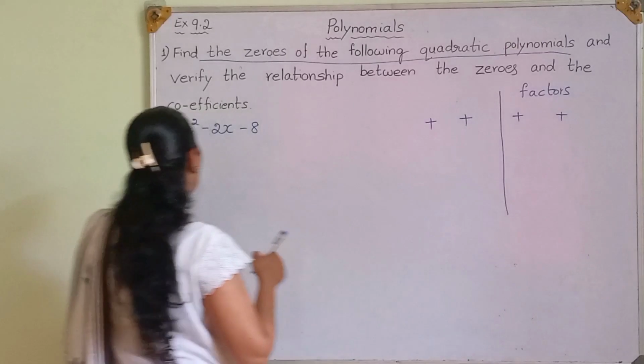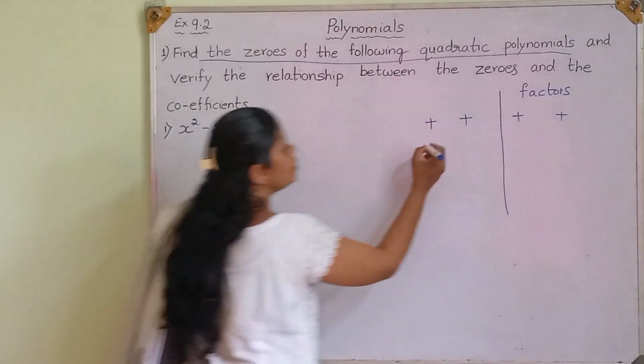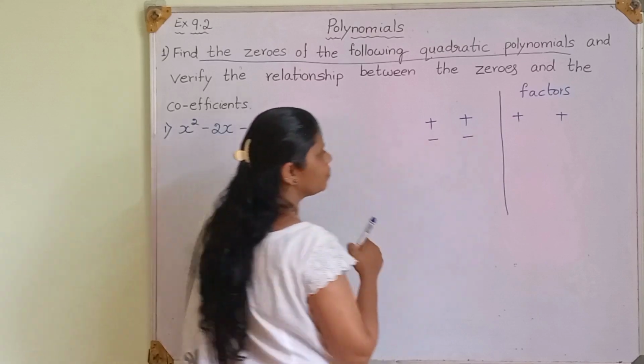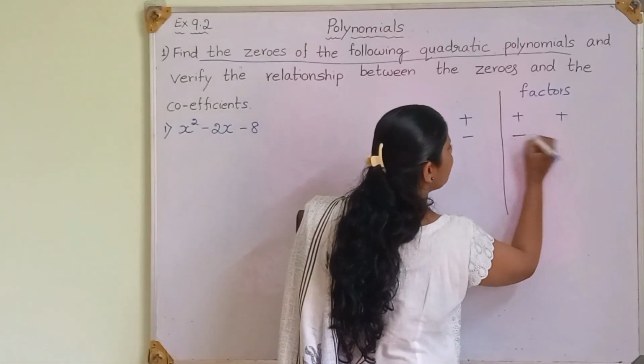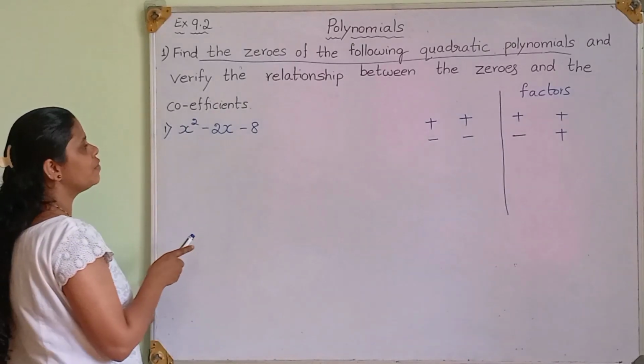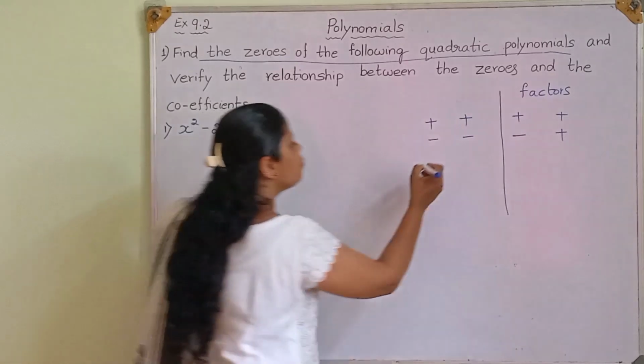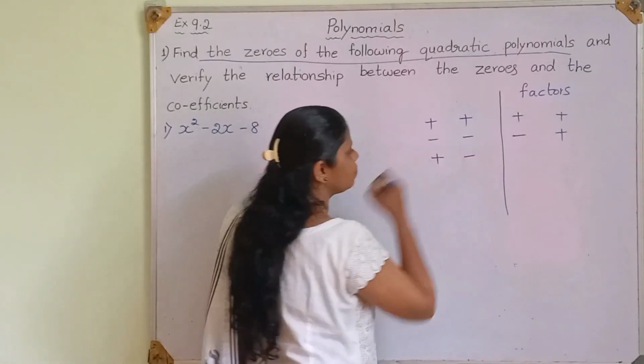Here it is minus minus, so we get factors as minus plus. If it is plus minus, the factor symbols will be plus minus.